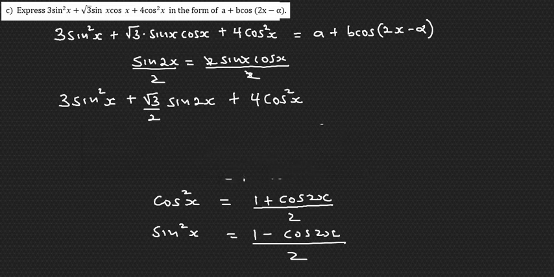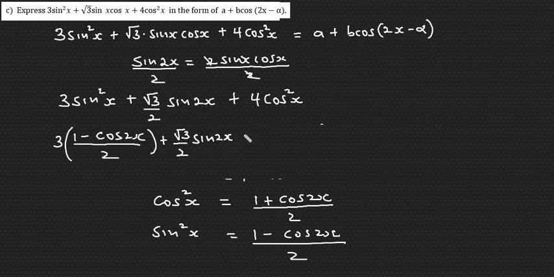So we shall say that this is 3. Now when I have sine squared, I will take 1 minus cos 2x divided by 2, plus root 3 over 2 sin 2x, then plus 4, then this will be 1 plus cos 2x divided by 2.